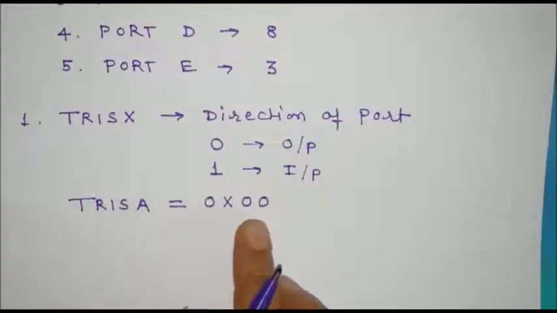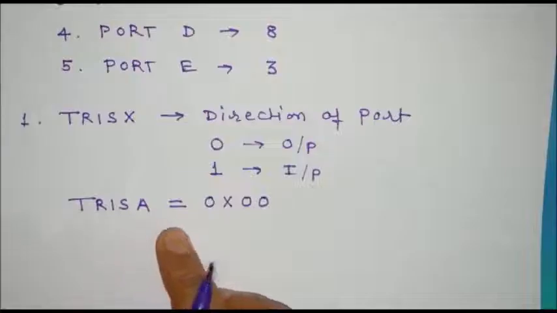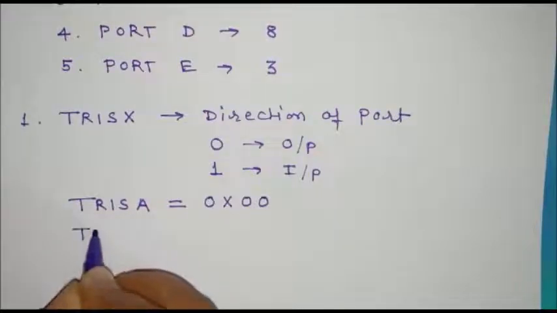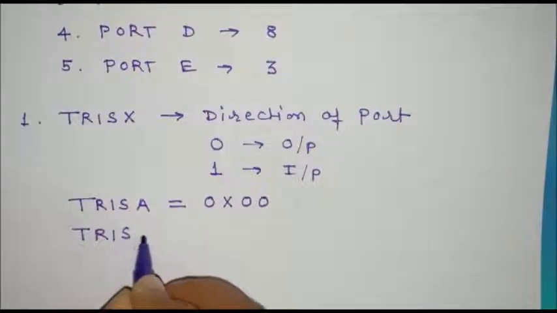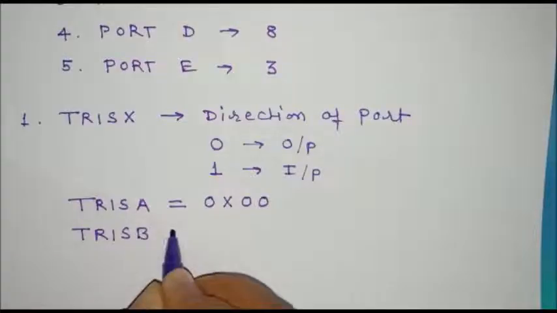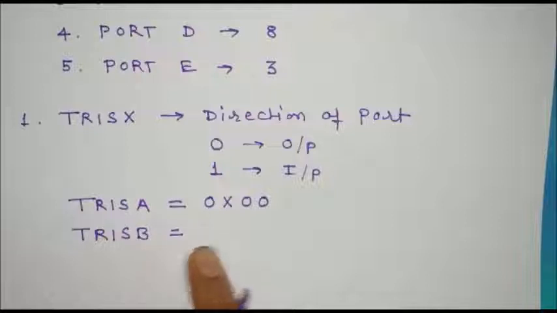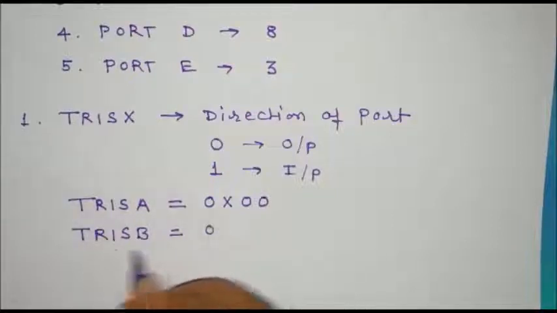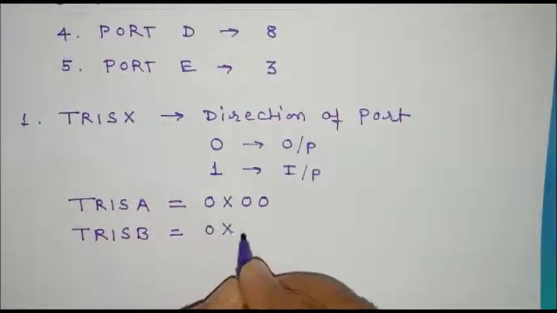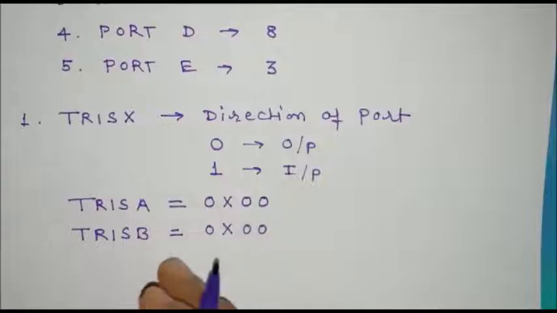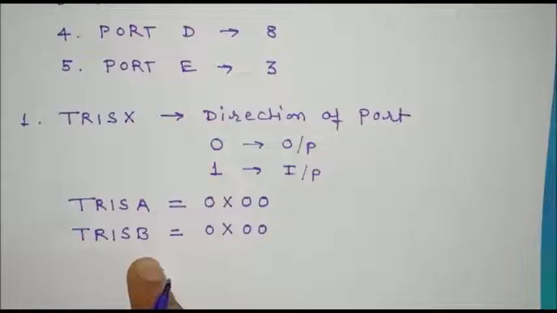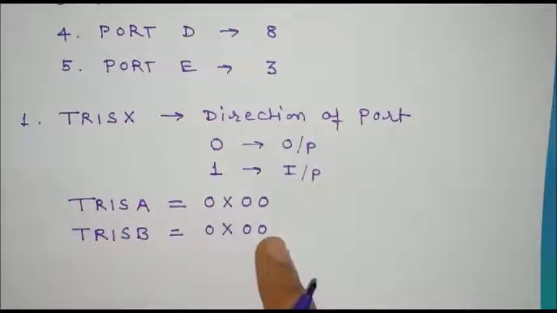So I am sending 0 on each port terminal of port A. Similarly, if I want to use port B and I want to initialize direction of all port B terminals as output, then I will write TRISB as 0x00. So for all other ports we can write this type of instruction. So for each port one register is there which is used to indicate direction of port terminal.